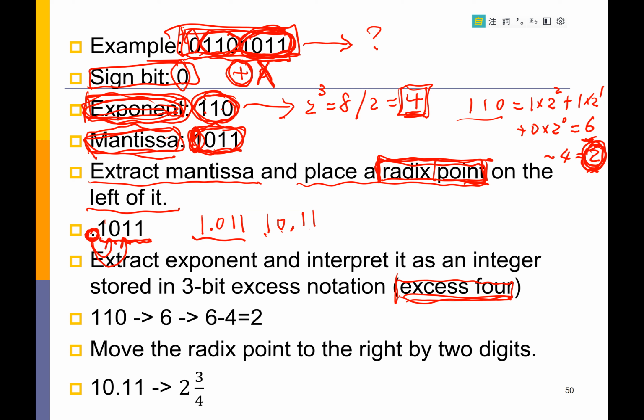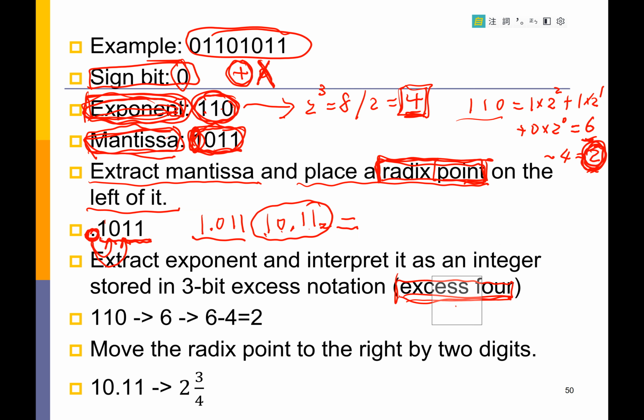So what's the value represented by this 1 byte floating point? It is 10.11 based on 2. The base is 2. So we interpret this in the base 2 system as 1 times 2 to the power 1, plus 0 times 2 to the power 0, plus 1 times 2 to the power minus 1, plus 1 times 2 to the power minus 2.